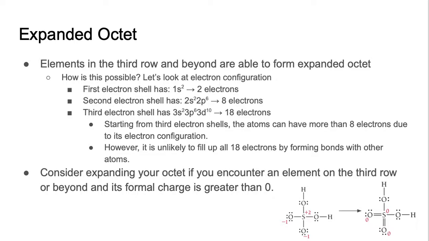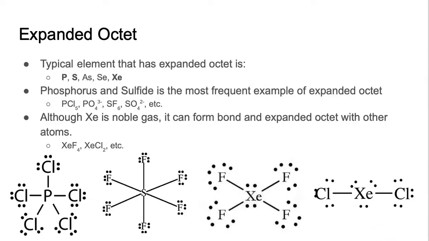Since sulfur is in the third row, we can expand this valence shell and get this Lewis structure. Sulfur now forms 6 bonds, a total of 12 electrons on the shell, and has a formal charge of 0 for both oxygen and sulfur. Therefore, the right structure is more stable and more likely to happen in the real world than the left one, although it does not adhere to the octet rule.